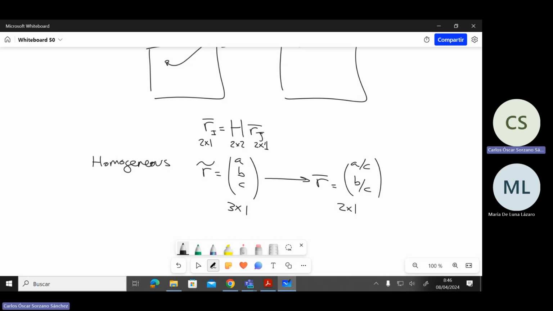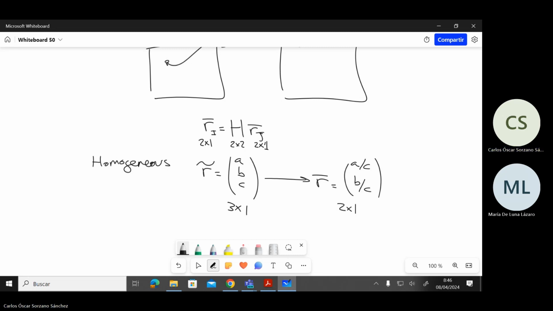So given one homogeneous coordinate, you only have one two-dimensional coordinate. But in this direction, it is not unique. So given a 2D coordinate, we have infinitely many homogeneous coordinates that represent the same point.